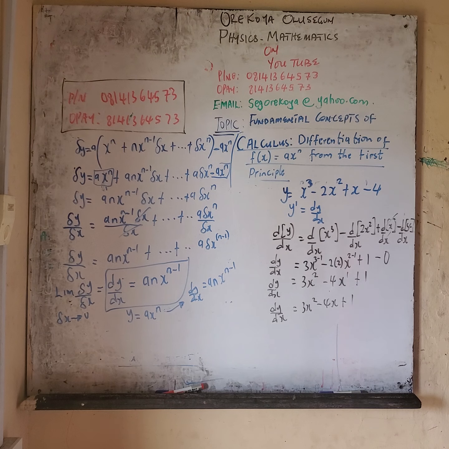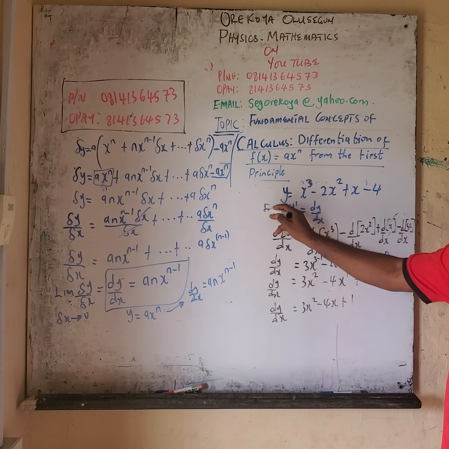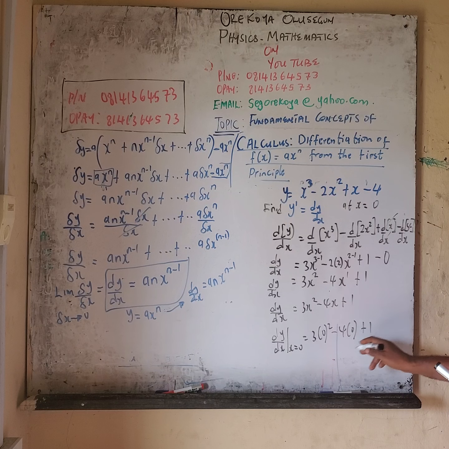If you are asked to find the derivative of this function when x is equal to 0, that means at a point when the value of the independent variable is 0, we just write dy dx at x is equal to 0 becomes 3 bracket 0 squared, you substitute 0 anywhere you see x, minus 4 bracket 0, then plus 1. Everything here becomes 0, 0 times anything is 0. So we are left with 1.